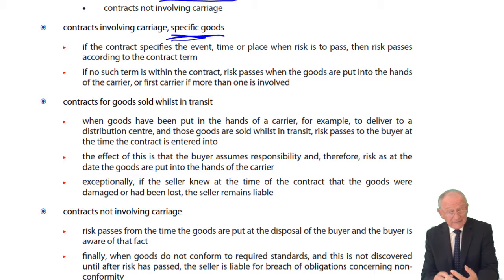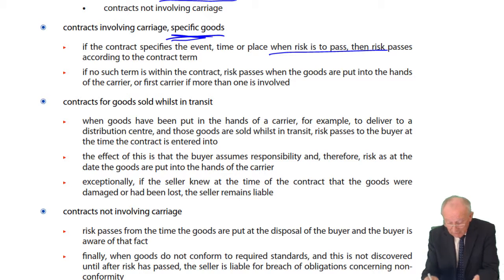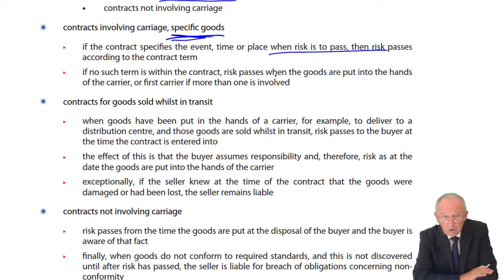So we need to consider at what point in the process of this contract does ownership pass. If there's no term with reference to the passing of risk, time, place, or event, within the contract, risk passes when these goods, involving carriage, are placed into the hands of the carrier, or the first carrier if there is more than one.